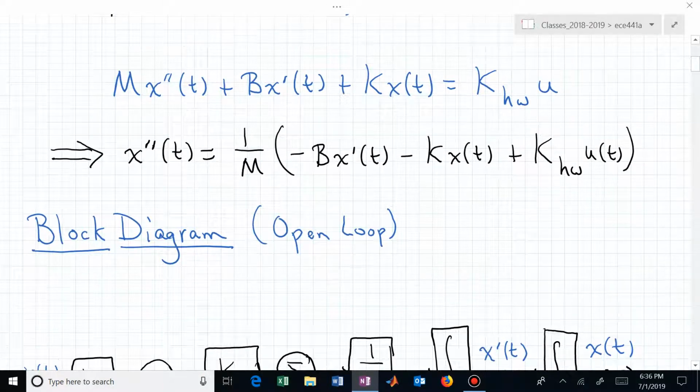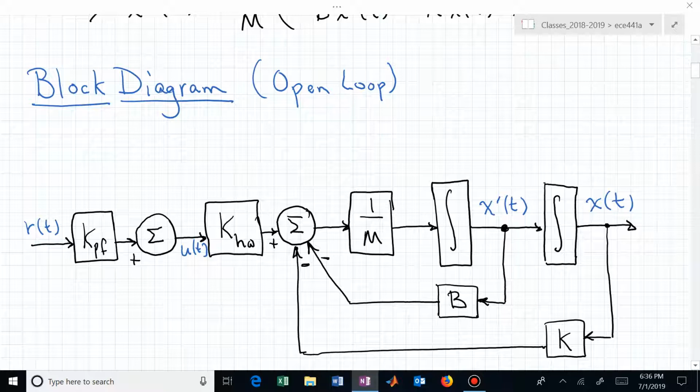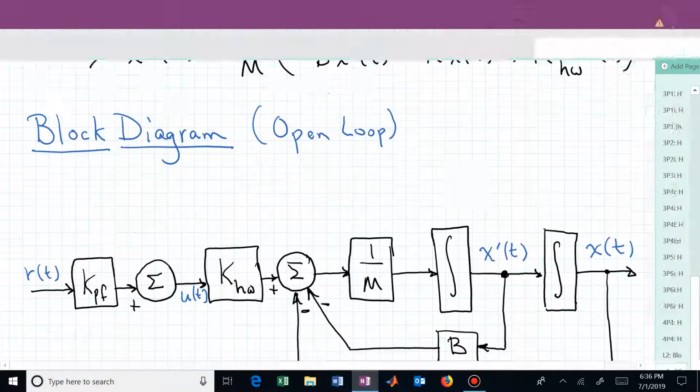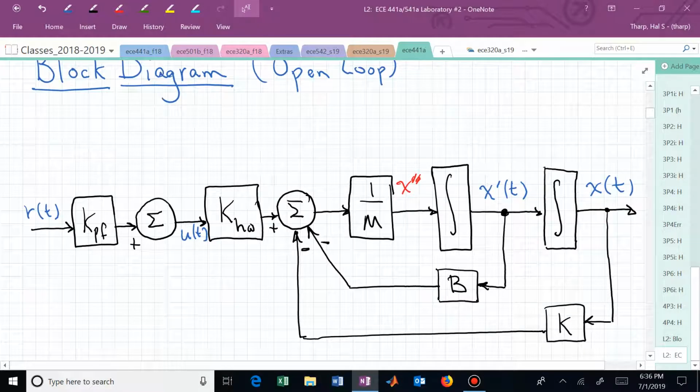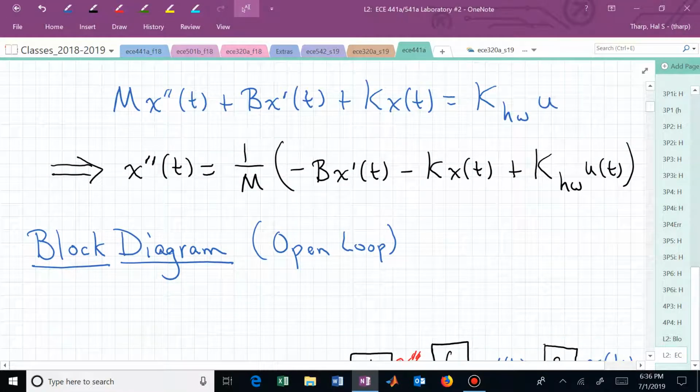If we had the signal x double prime, here is our acceleration signal, and if we send that through an integrator, that will produce the velocity. We integrate the velocity, and that will give us a position. Now we have access in this block diagram to position, velocity, and acceleration, and acceleration needs to be created from these signals by 1 over m.